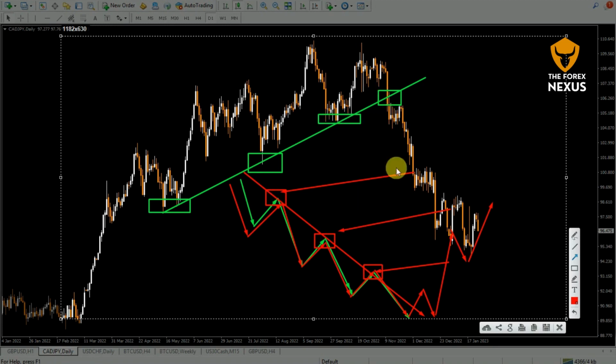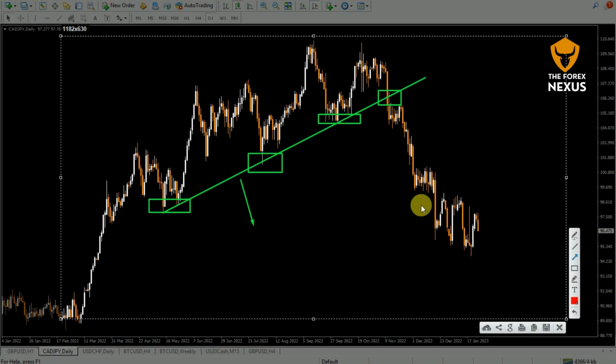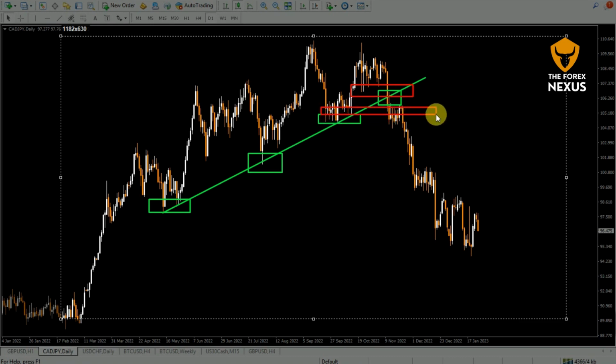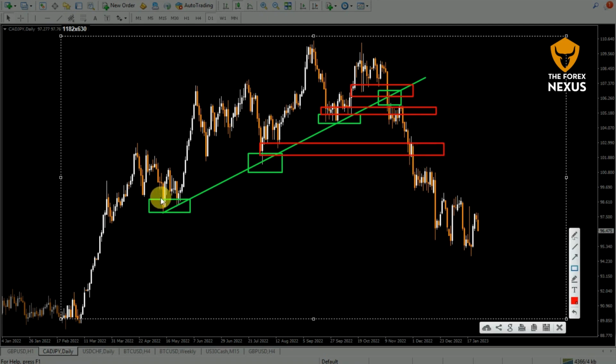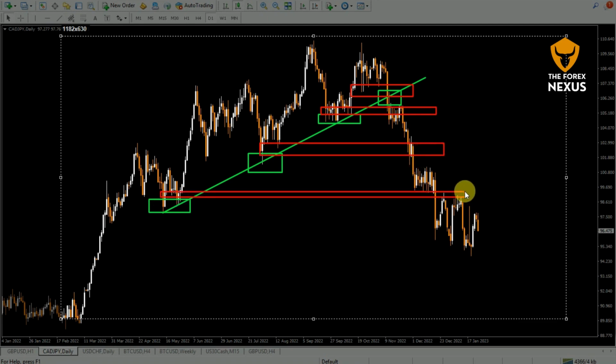Same scenario here in a bullish trend. The market took out first this demand zone, then this one, then this one, the fourth supply zone, demand zone.